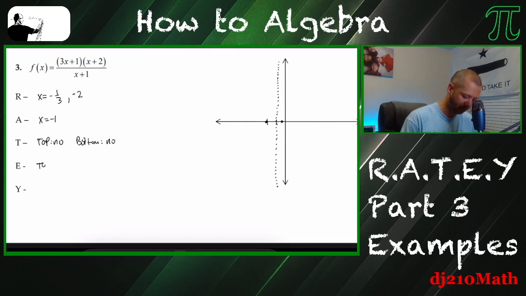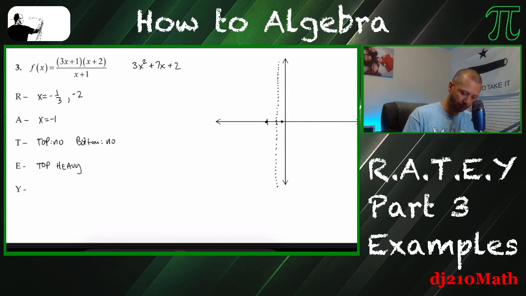The degree in the numerator is greater than the degree in the denominator, so it's top heavy. So we're definitely going to have to do some synthetic division. For that to happen, we're going to have to distribute the top. So it's going to be 3x squared, 6x, 7x, plus 2.